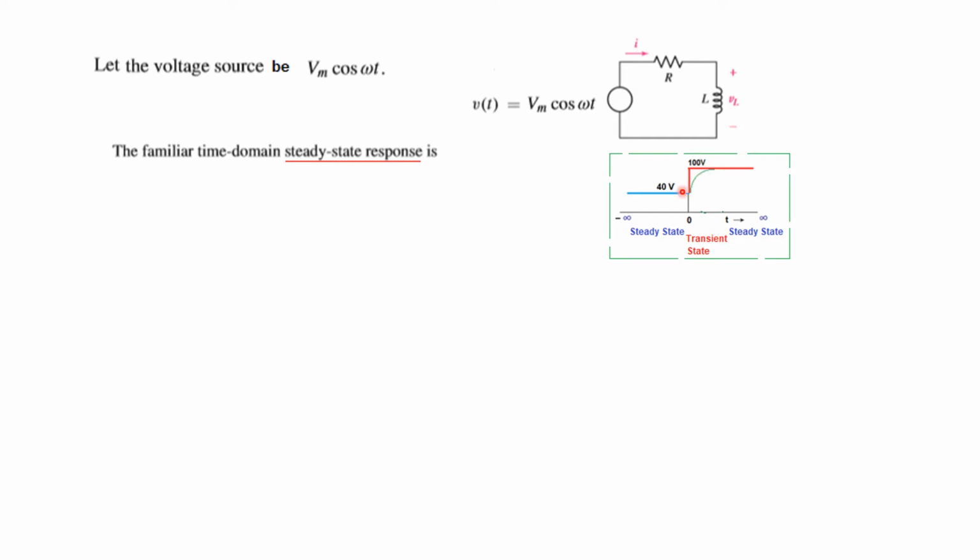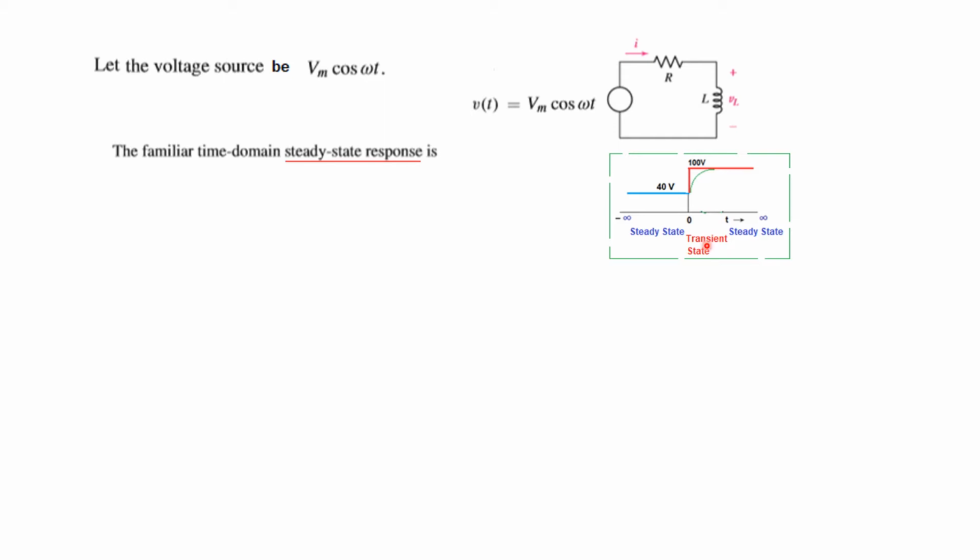So this period where it was constant is called the steady state period. This period when it is again constant is also called a steady state period. But when this is changing, this is called the transient state period.